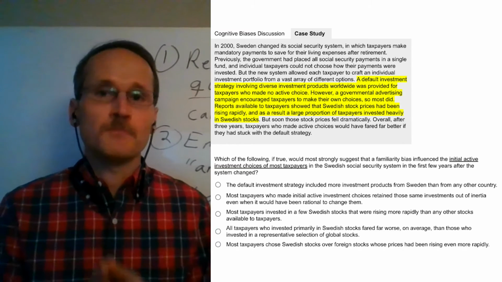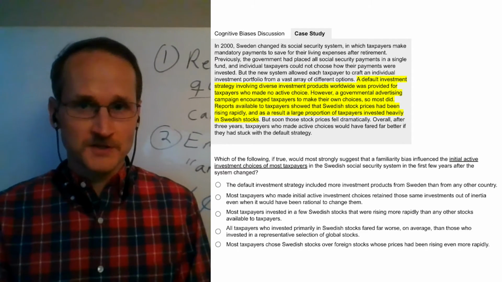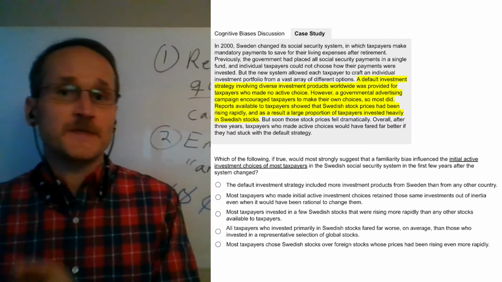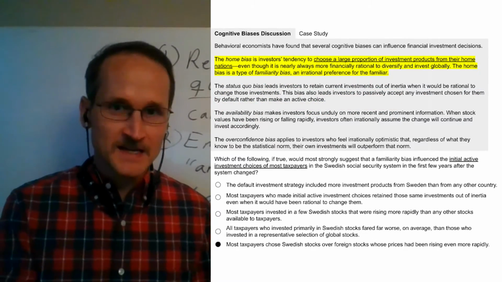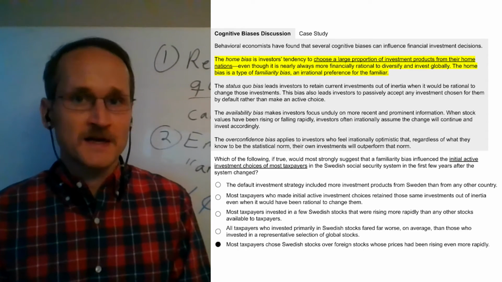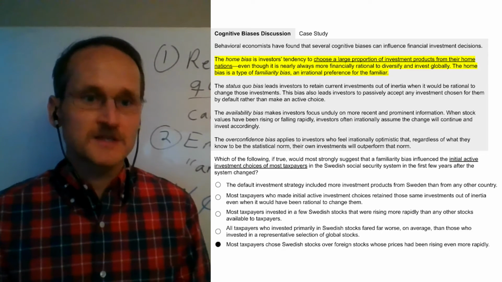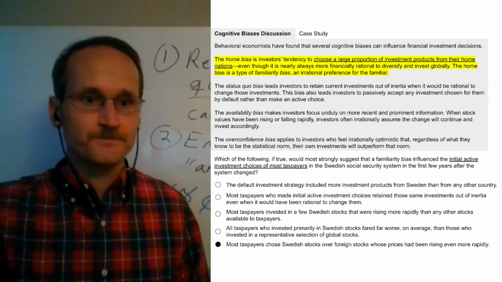So if it was availability bias that influenced their decisions, they should have chosen those other foreign stocks, but they chose the Swedish ones instead. That shows that home bias influenced their decisions. Home bias is a type of familiarity bias, so choice E is the one we want here.